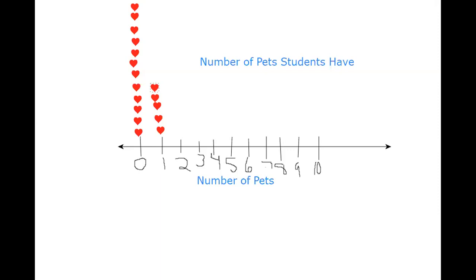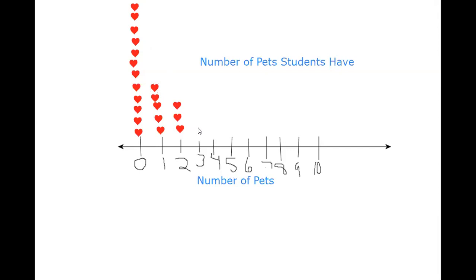Okay, now back to my chart. 2 pets for 3 students. 3 students have 2 pets. So I'll go back and get my stamper, and we're doing 3. 1, 2, 3. Okay, and when we get to 3 pets, that's 4.